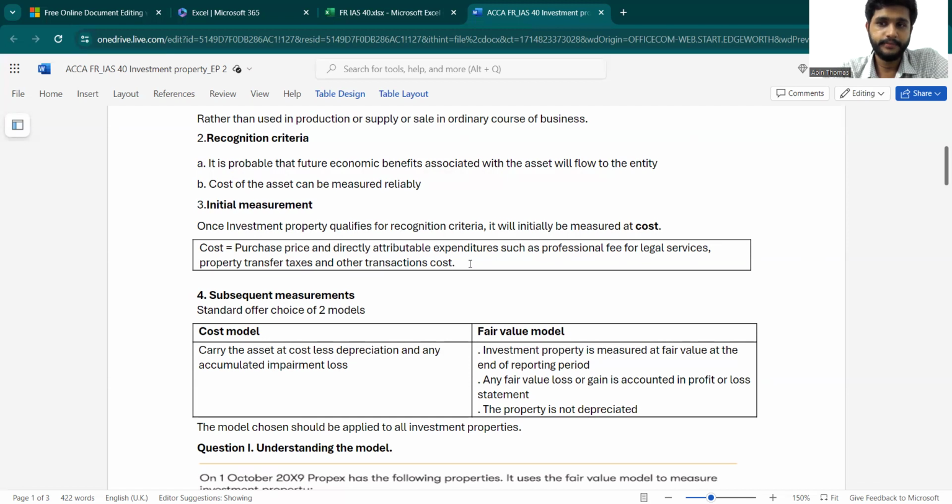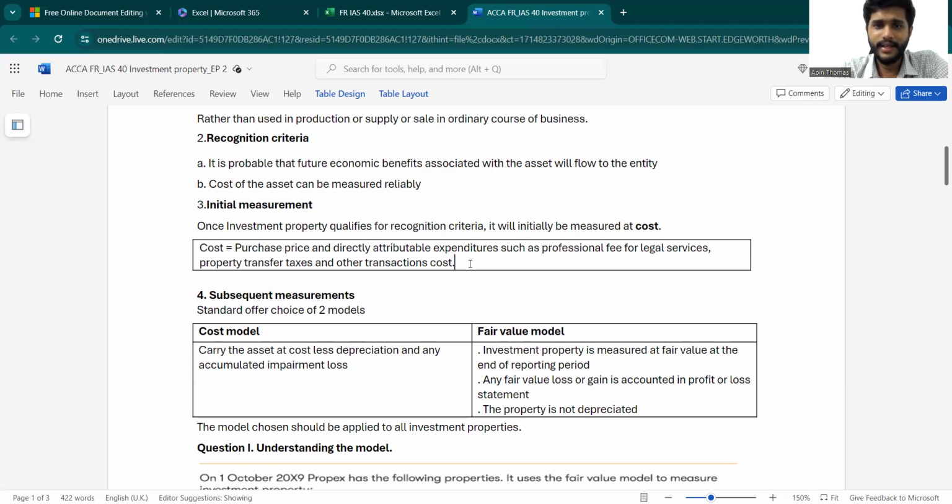Now you need to see the liberty that is provided by the standard to the management. Because once an organization purchases a building or a land, they are not only incurring the purchase cost of the land itself, they are also incurring other expenses such as the legal fees, the stamp fees, and the professionals that help us to transfer the ownership of the land to our management's name, and all the other transaction costs.